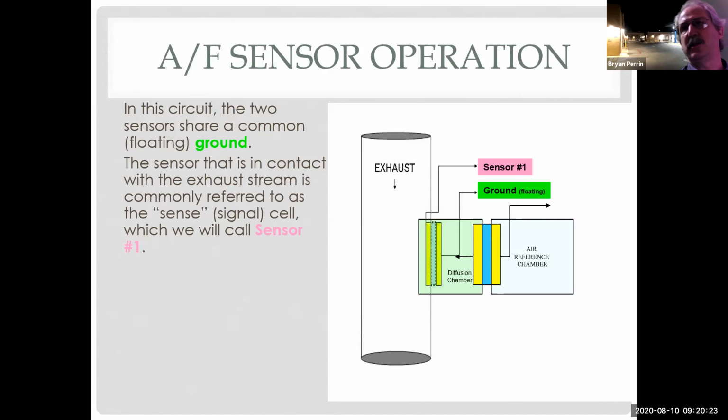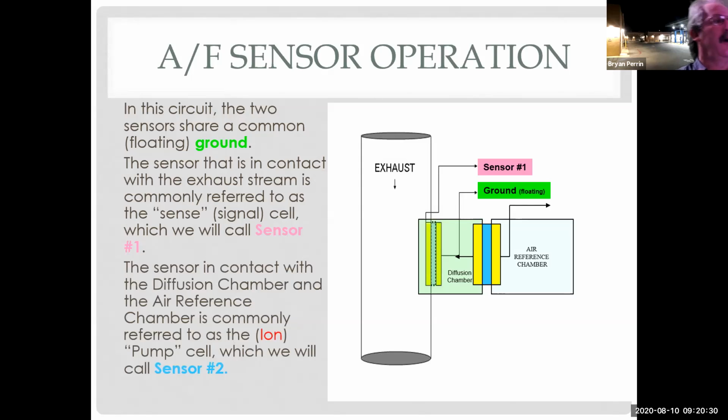And they're just going to call it sensor 1 for the sake of explaining how it works. The sensor in contact with the diffusion chamber and air reference chamber is commonly called the pump cell, which we're going to call sensor 2. So we have a sense cell, which actually senses what's in the exhaust, and a pump cell that we're going to use to pump oxygen ions in and out of the diffusion chamber.